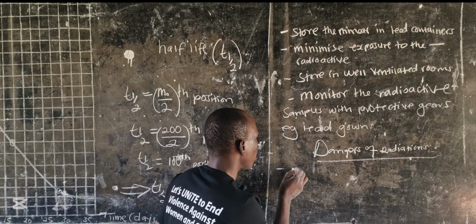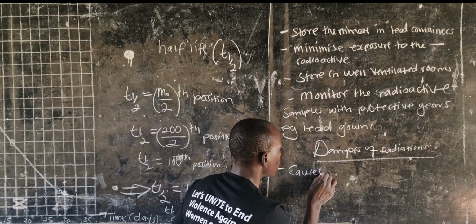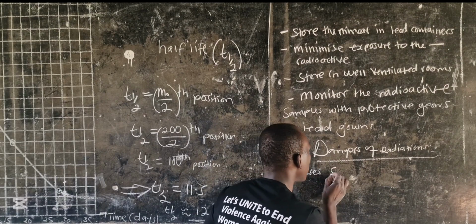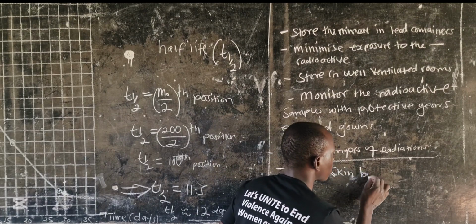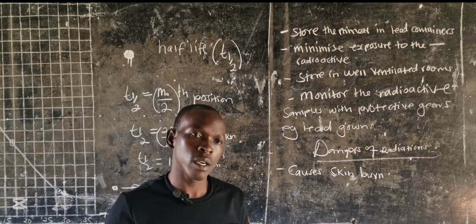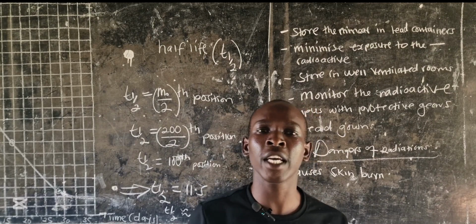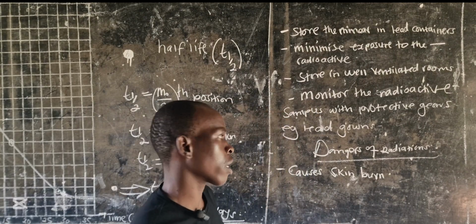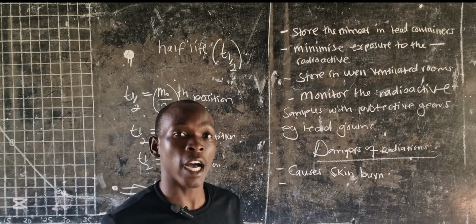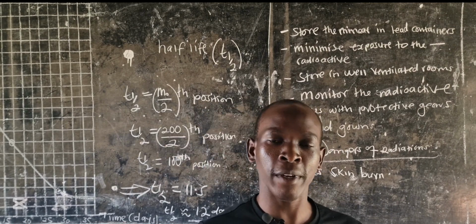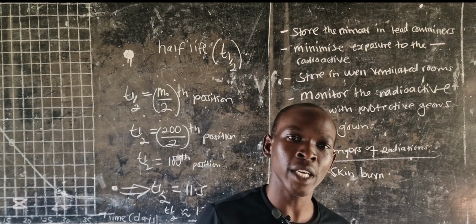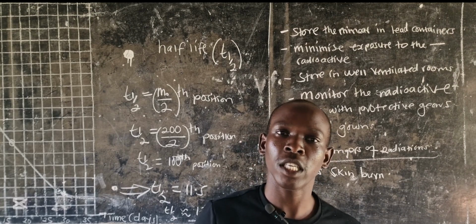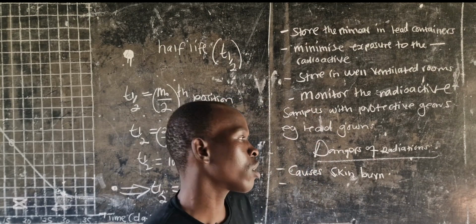So we have this causes skin burn. If these radiations are exposed to your skin, they can cause skin burn, because they have high penetrating power. So when they penetrate into your body, they damage the skin tissues and they cause skin burn.